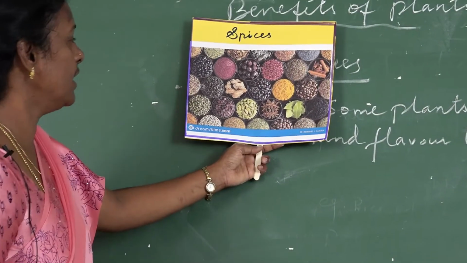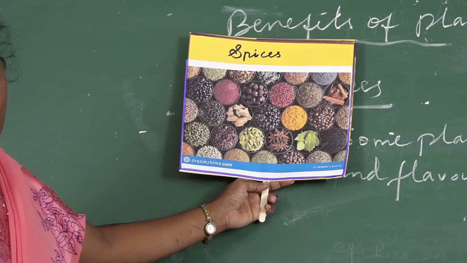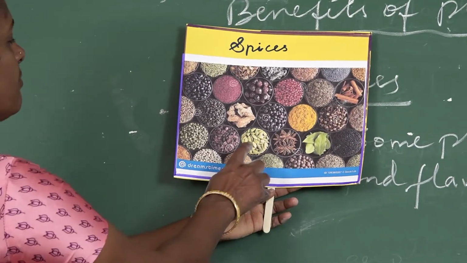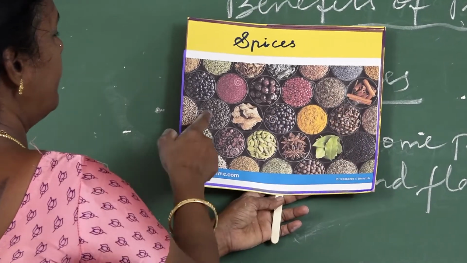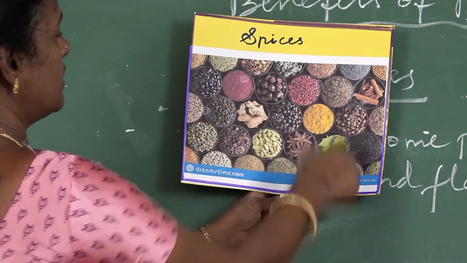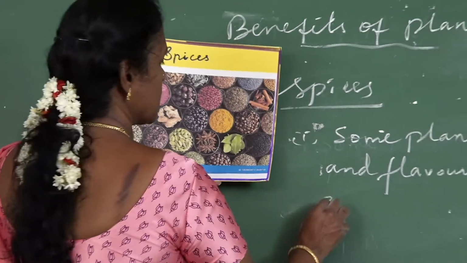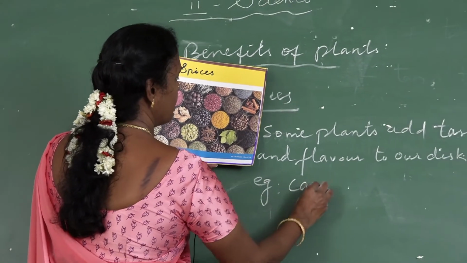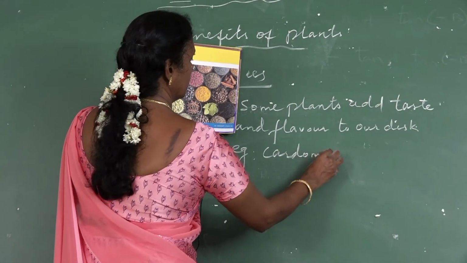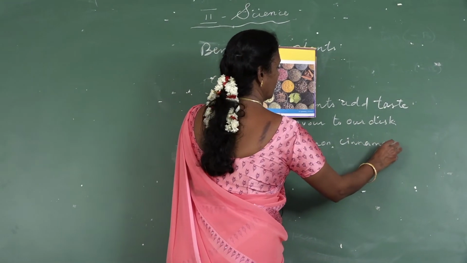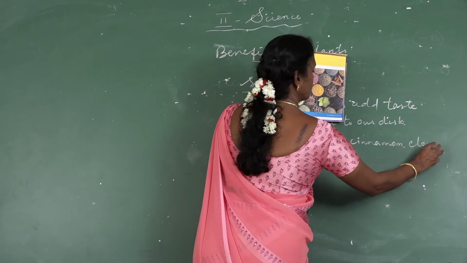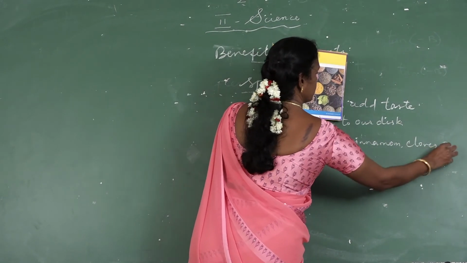What is the example of the spices? Cardamom, cloves, cinnamon, pepper, curry leaves. These are the examples of spices. Cardamom, cinnamon and cloves, pepper also, etc.